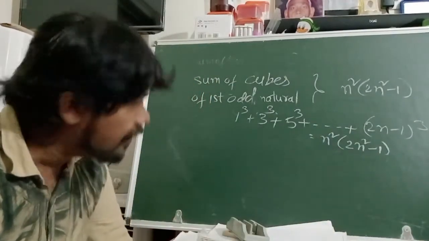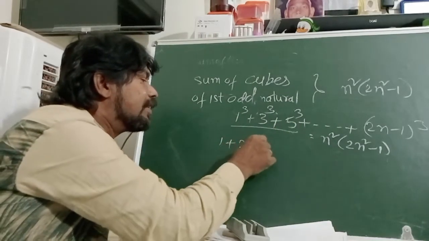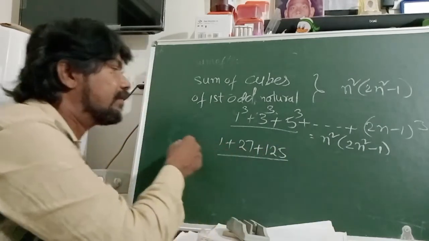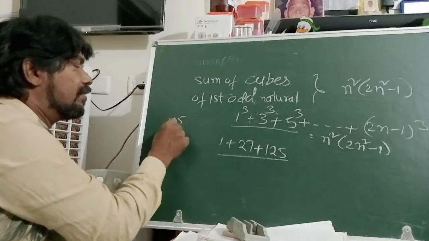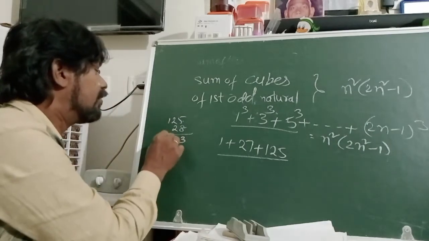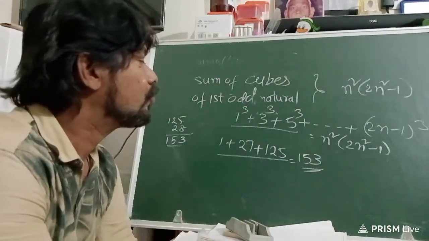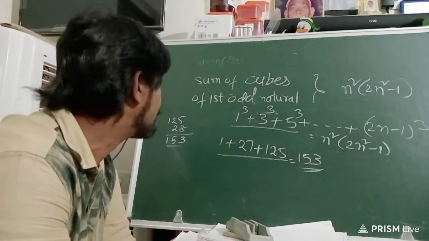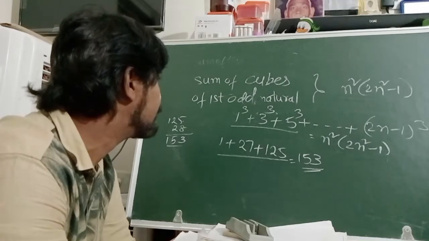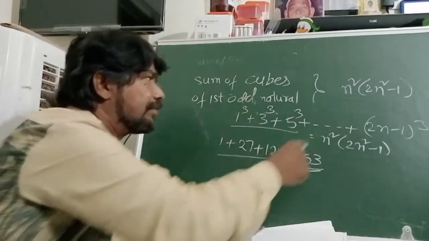Okay, now see the example. 1 cube is 1, 3 cube 27, 5 cube 125, the sum is 153. Now check it out.